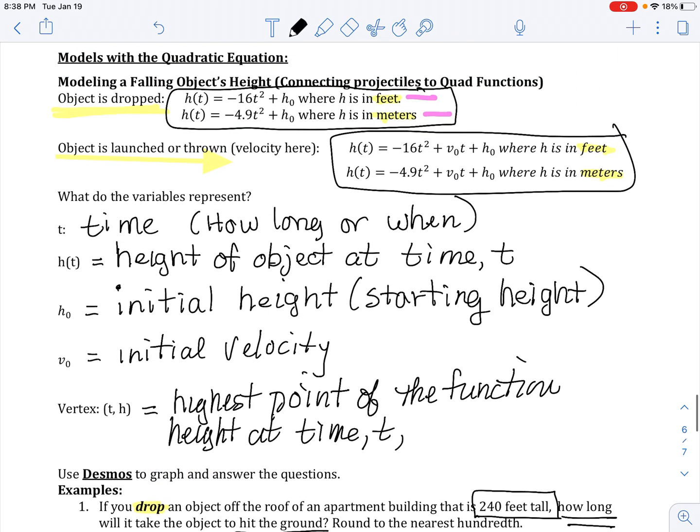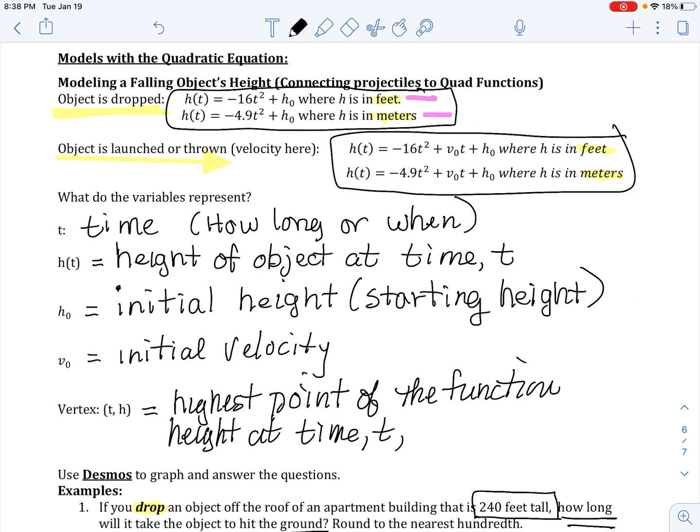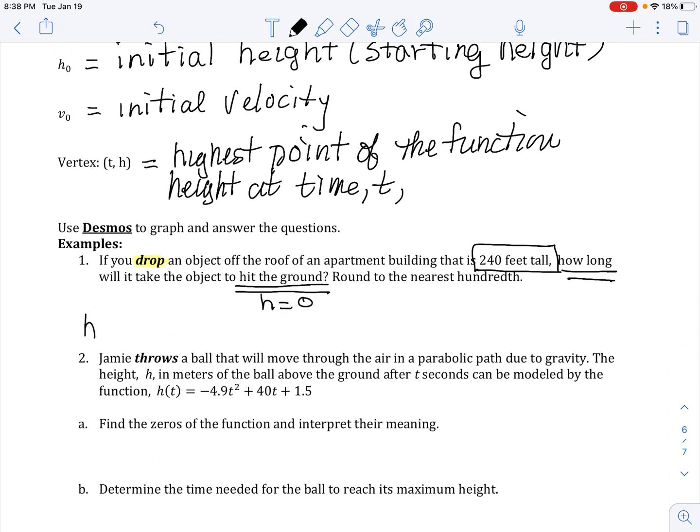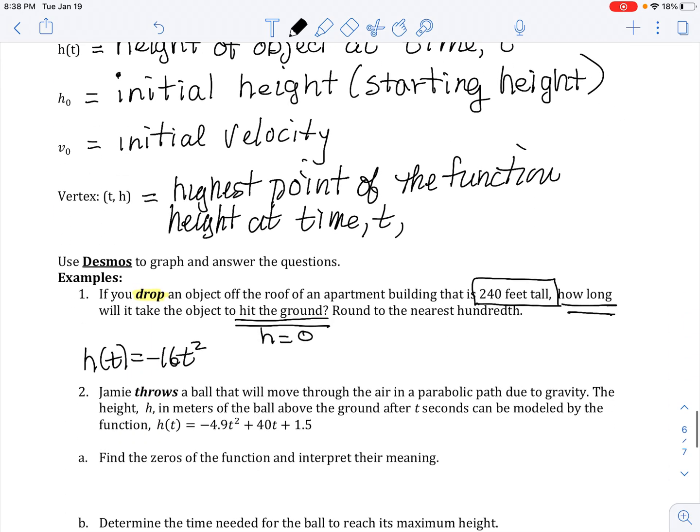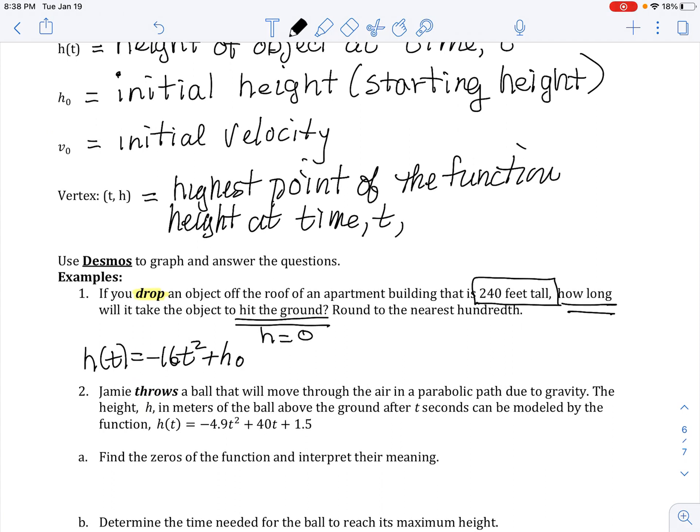All right, so we know we're using the dropped one and we're using the feet one. So h of t equals negative 16 t squared, let me go back up, plus h sub 0. All right. It says you drop it, so somehow you are at the top of your apartment building. All right. Be careful up there. So h sub 0 is right here. That's my initial height.